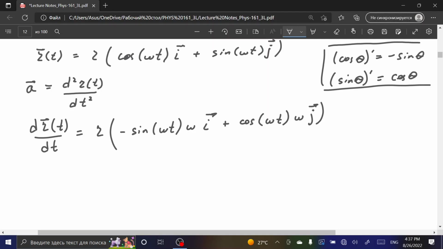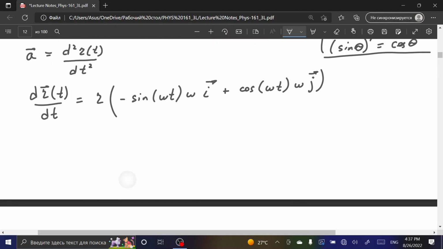And we need to go further and get the second derivative, d squared r over dt squared. Again the constant is untouched.